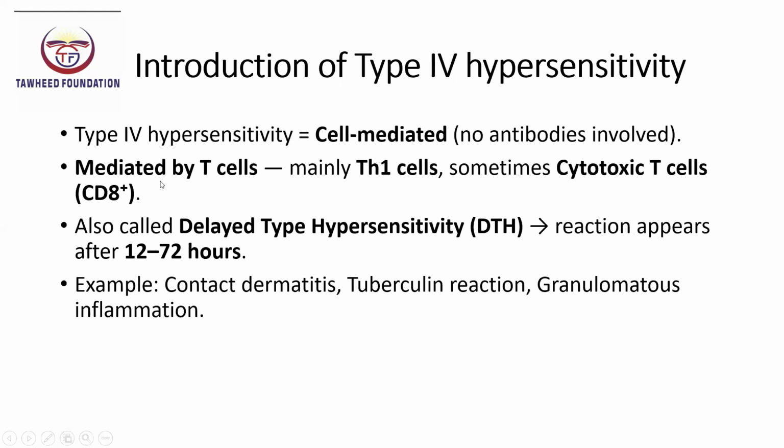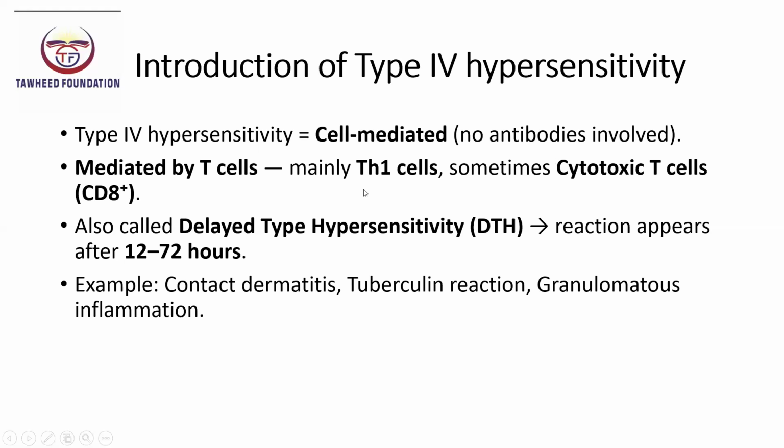Next is introduction of type 4 hypersensitivity. Type 4 hypersensitivity, also called delayed type hypersensitivity, that is DTH, is a form of immune response that is entirely cell mediated, meaning no antibodies are involved.